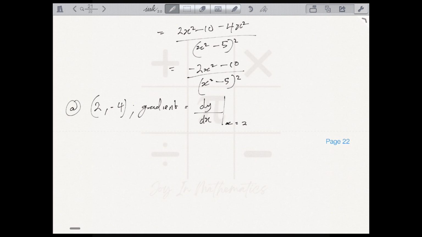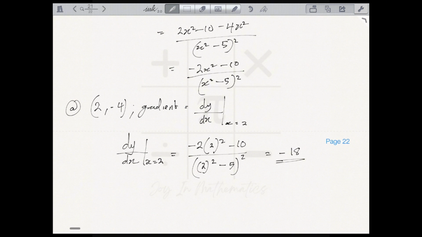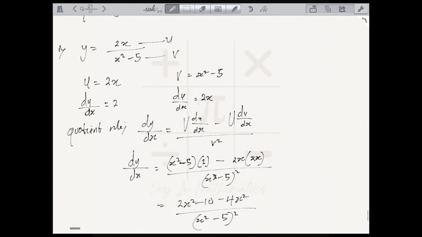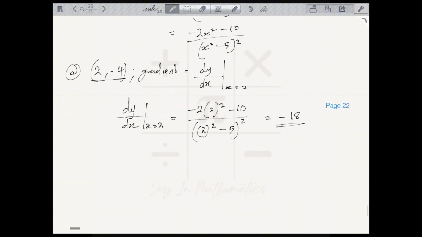So dy/dx at x equals 2 is minus 2 into 2 squared minus 10, divided by 2 into 2 squared minus 5 all squared. Simplifying this, we have our answer to be minus 18. So the gradient of the curve at 2, minus 4 is minus 18.